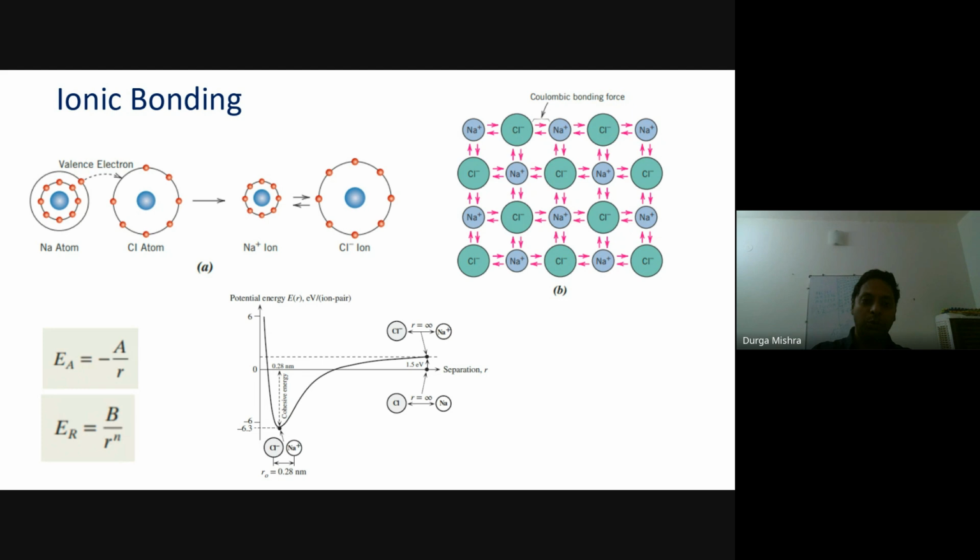Coulomb attraction means, if I know how much charge is there, q1 q2, here q1 q2 will be 1, so you have one more electron in chlorine and one less electron in sodium, one positive charge, one negative charge. So q1 q2 divided by the distance, this 0.28 equilibrium distance, you can also calculate the electrostatic attractive force between these two.